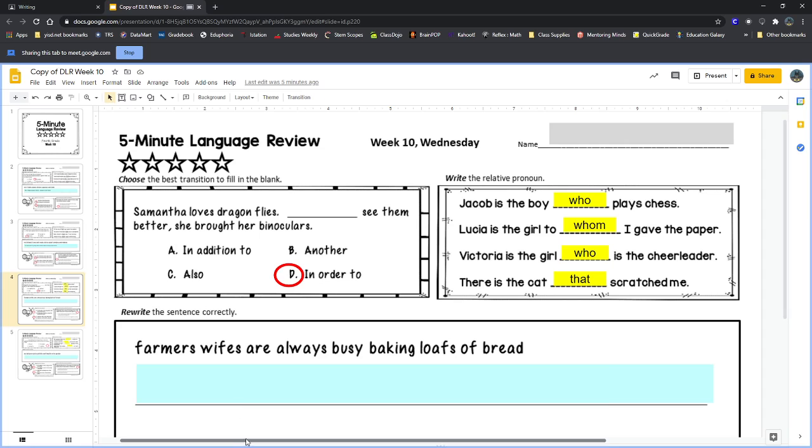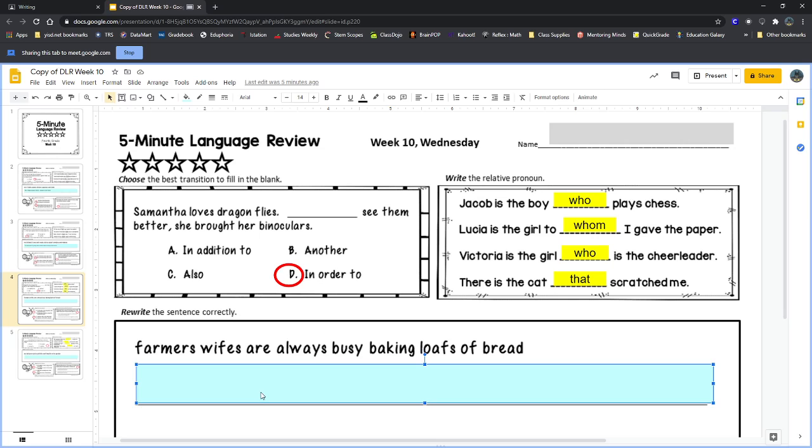It should be V-E-S because again, there's more than one. Okay, and I'm sorry, I completely messed those up. So it should be capital Farmers with an apostrophe at the end because there's more than one farmer that these wives are married to. Farmers, and then it's not wives, it's wives.